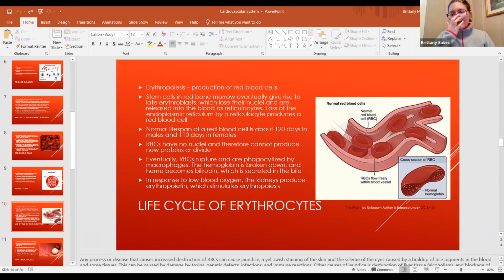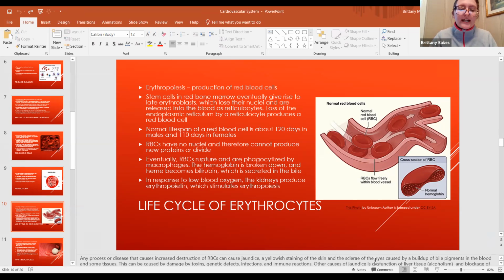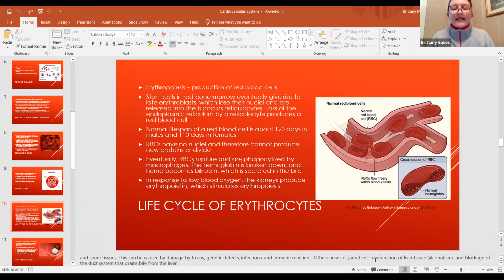It's caused by a buildup of bile pigments in the blood and in some tissues. And this is caused by damage by toxins, genetic defects, infections, and immune reactions. Another cause of jaundice is dysfunction of liver tissue, which can be caused by alcoholism and anything that could block that duct system that drains bile from the liver.